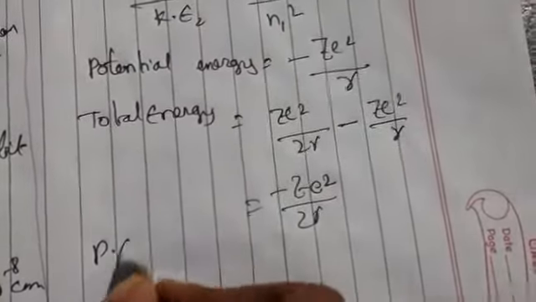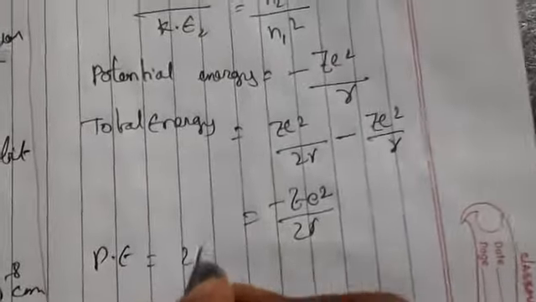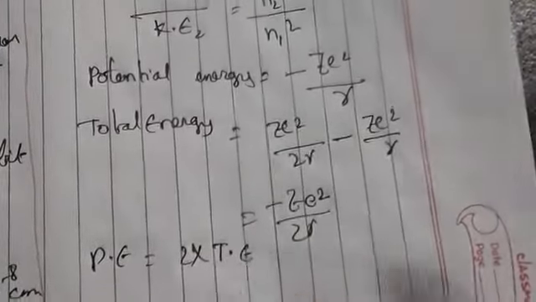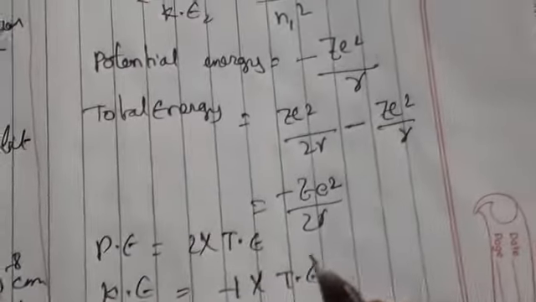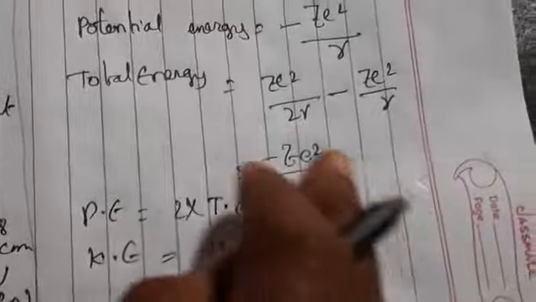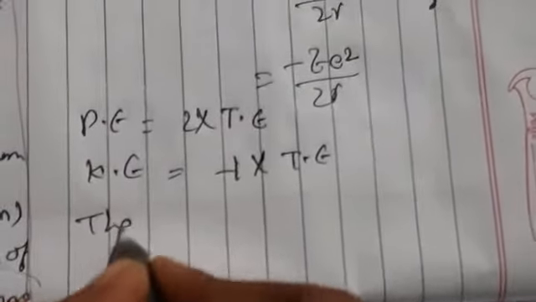So to get potential energy we have to do 2 into total energy, and for getting kinetic energy, we do minus 1 into total energy. Now, what is the energy of the electron in any orbit?